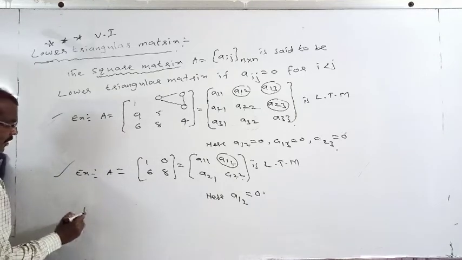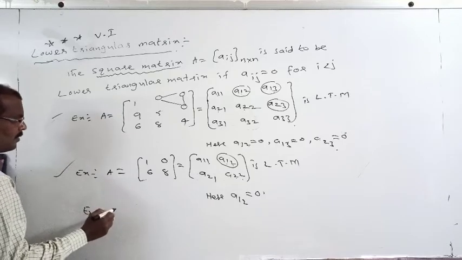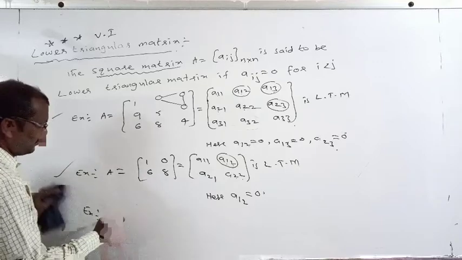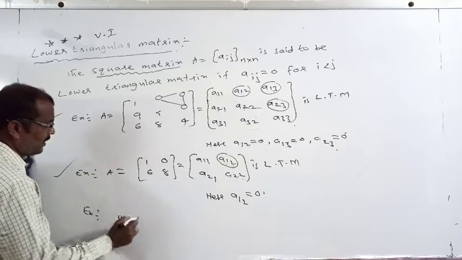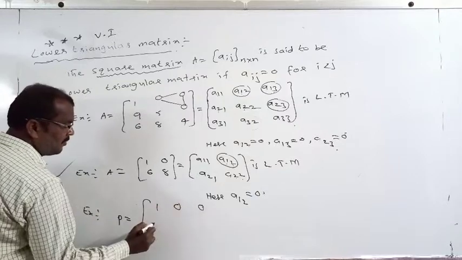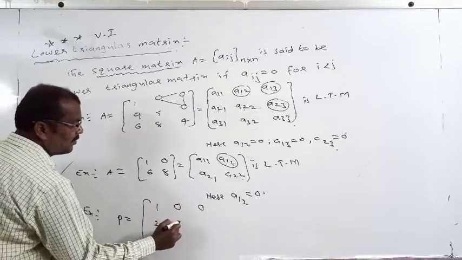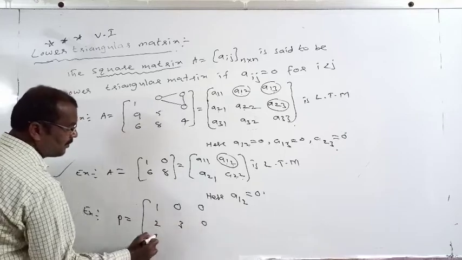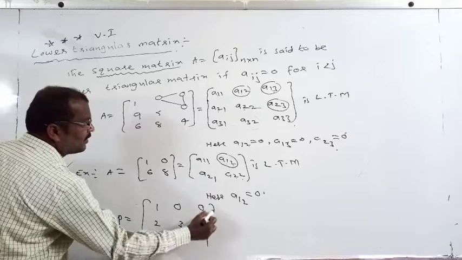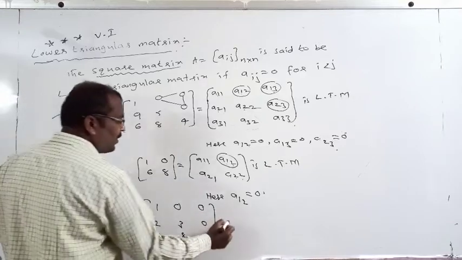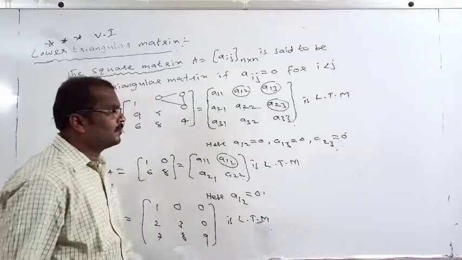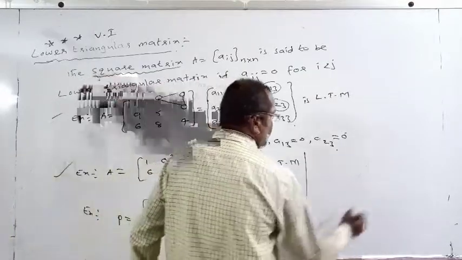Write one more example. P is equal to [1, 0, 0; 2, 3, 0; 7, 8, 9], which is a lower triangular matrix. You may take 4 by 4 now.